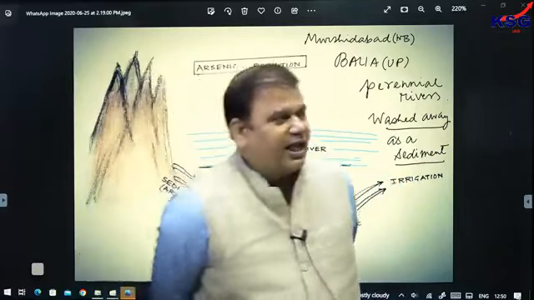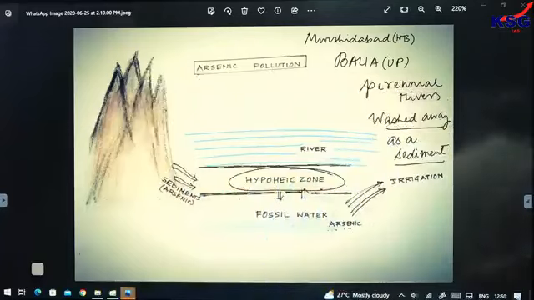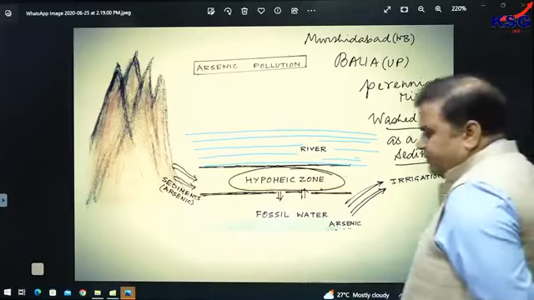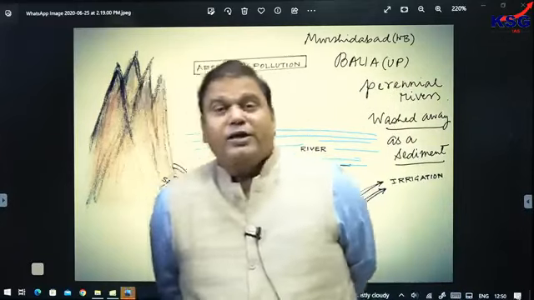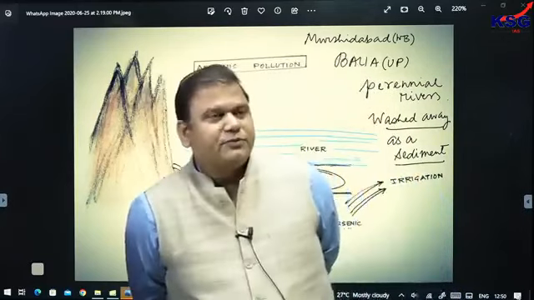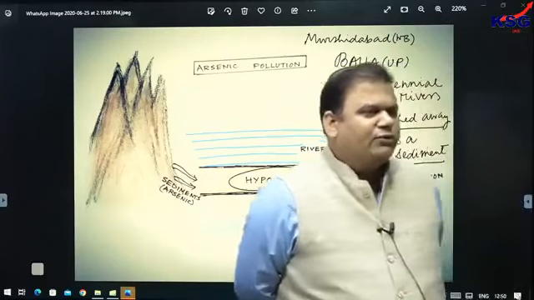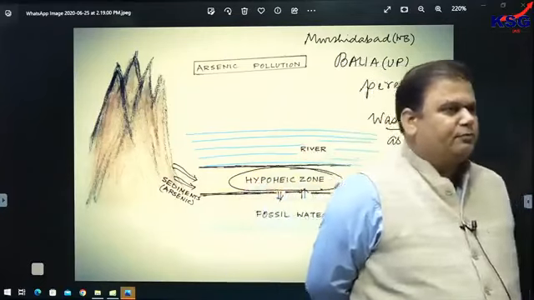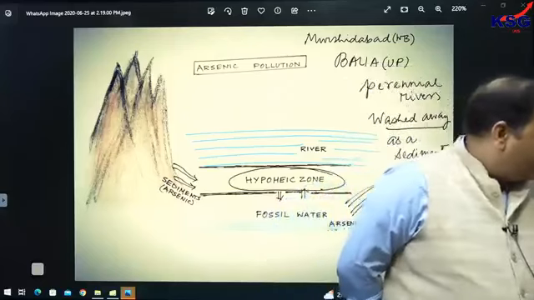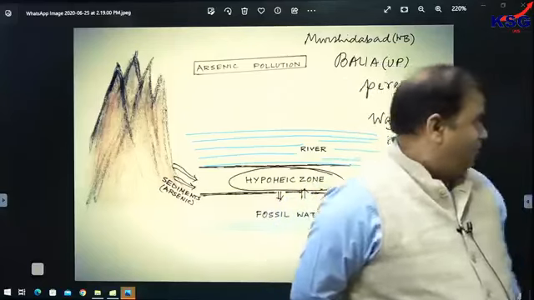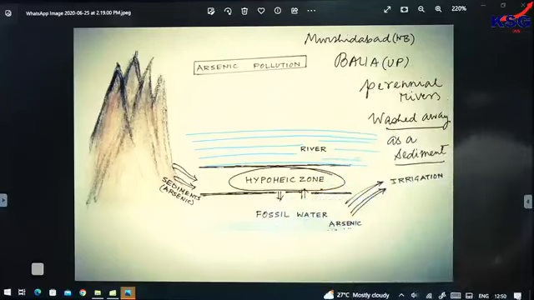Since the hyporheic zone is connected to the underground water, it got deposited in the underground water and was within the permissible limit for drinking.